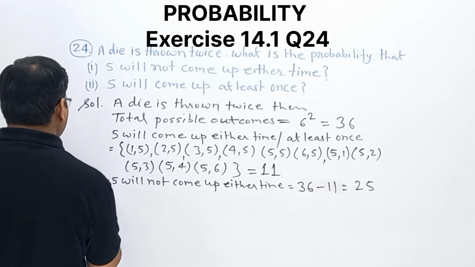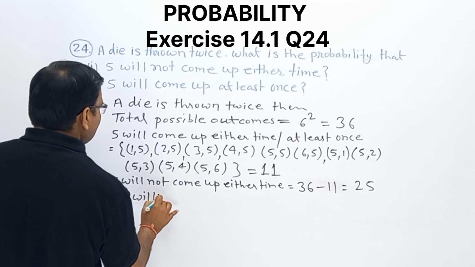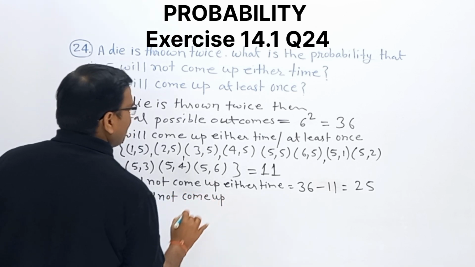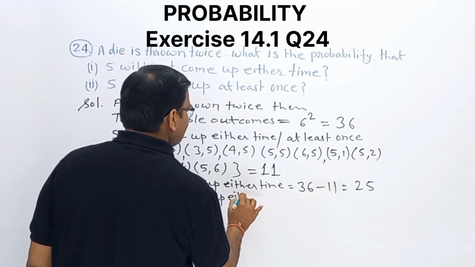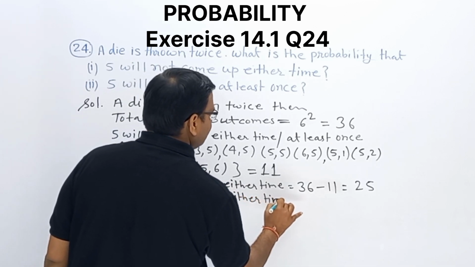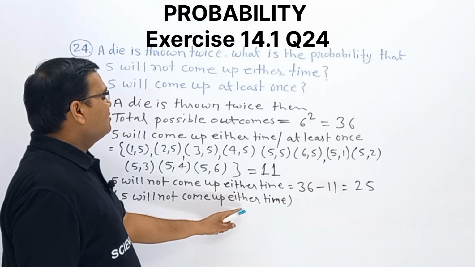So first one, probability of 5 will not come up either time.